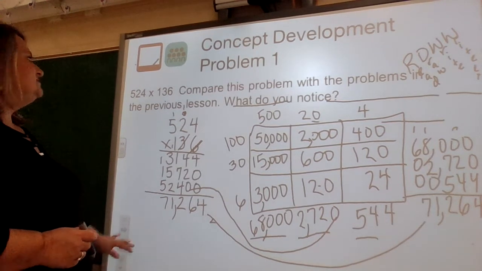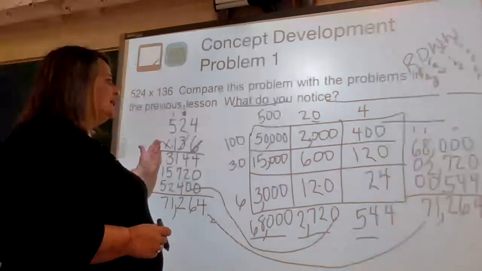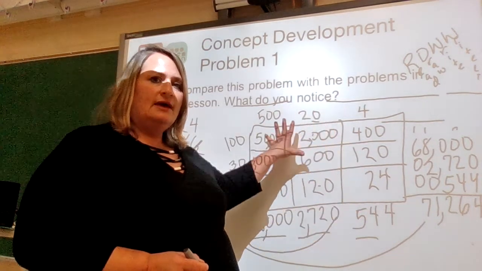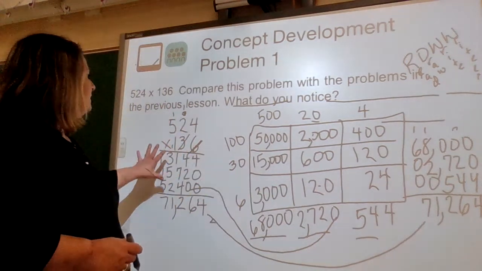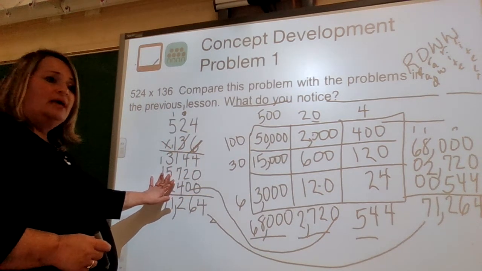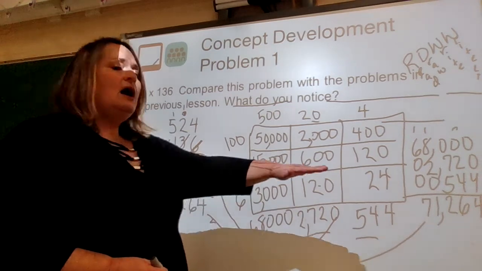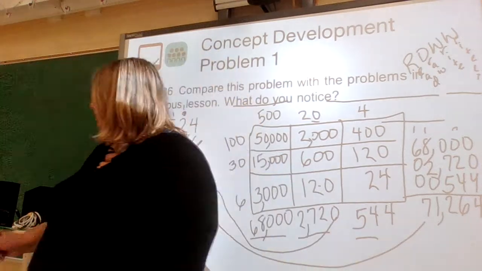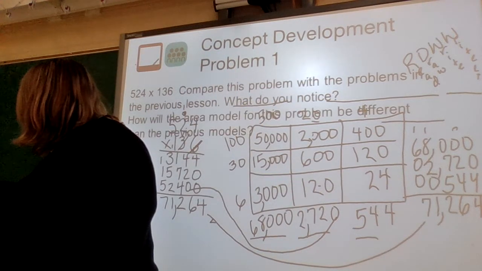But guys, we can solve multiplication problems by first using this area model, okay? And then going in and solving traditional algorithm and comparing our products. Remember, product is the answer when you multiply.